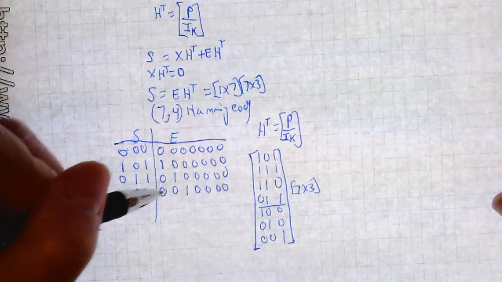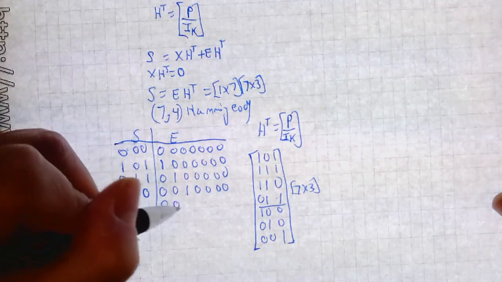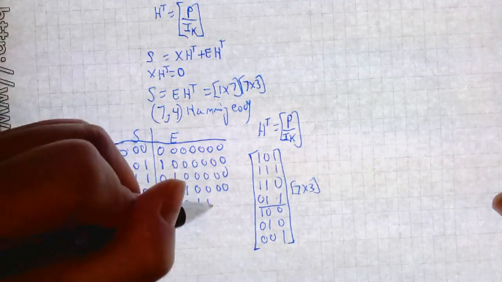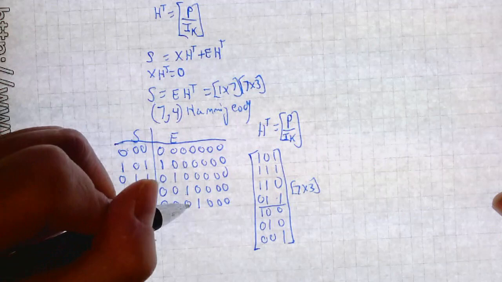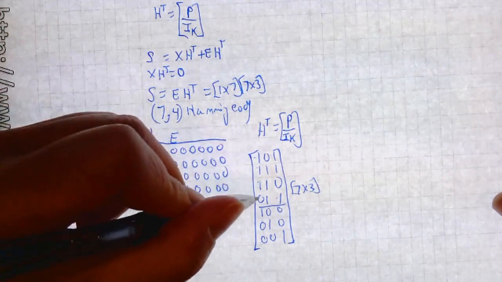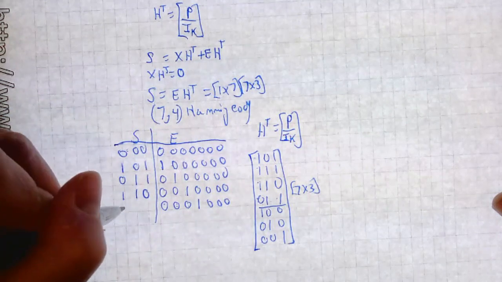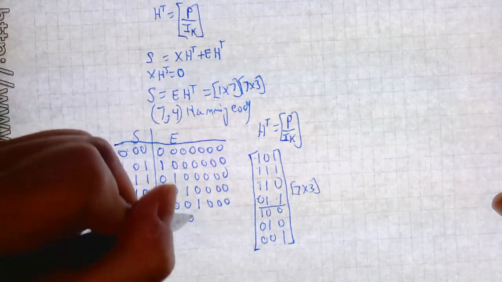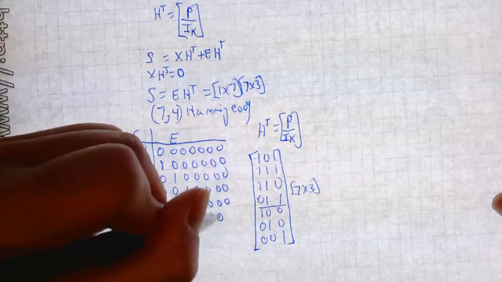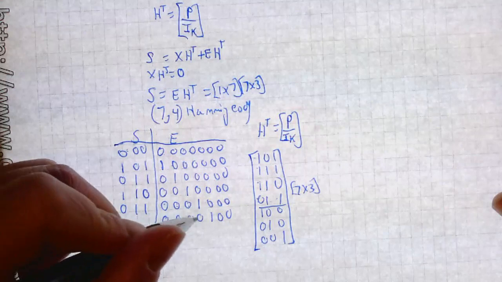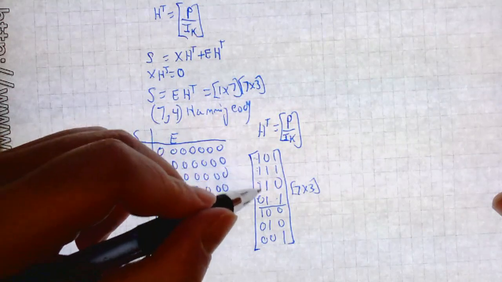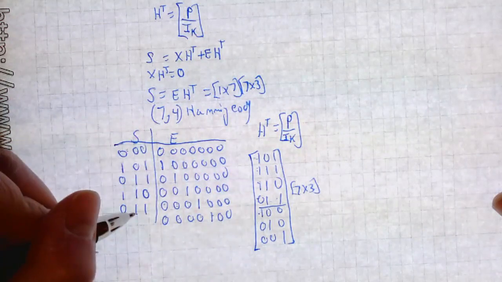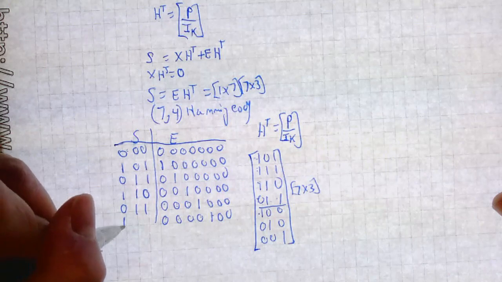And similarly, 1, 2, 3, 4, 1, 2, 3, 4. So that's going to be 0, 1, 1. And we have 1, 2, 3, 4, 5. It's going to be 1, 0, 0.